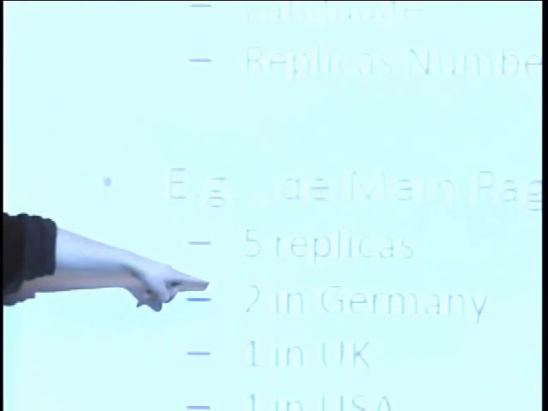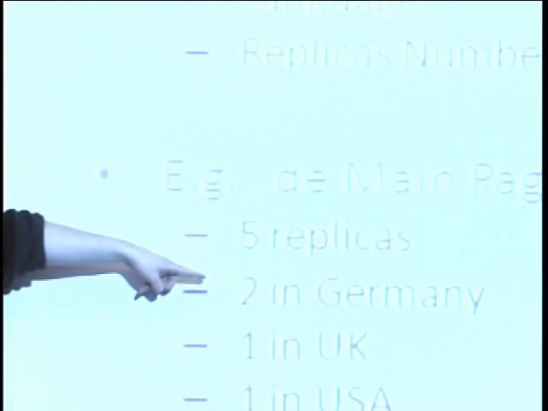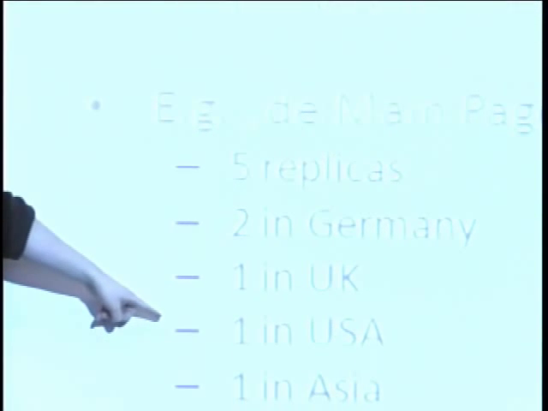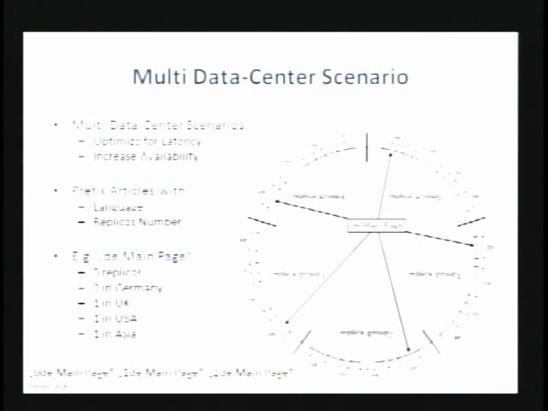So in this case, we can have 2 replicas in German data centers, 1 in the UK, and for failure resilience, 1 in the US and 1 in Asia. And again, for the next language, like Swedish, you can decide a different policy and have 2 replicas in, I don't know, Swedish data centers, and 1 in Europe, 1 Asia, and 1 in US. So if you have a policy where to place your data, you can optimize for latency.